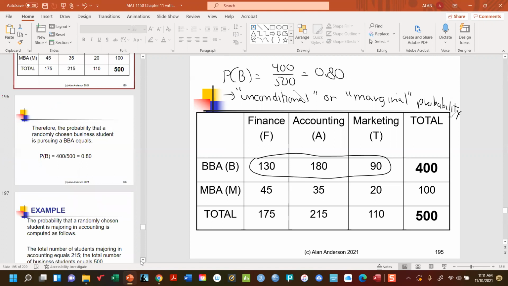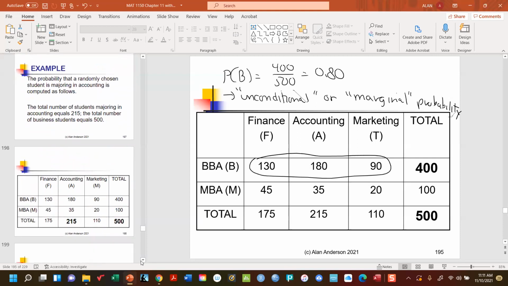All right, now what if instead I'm interested in knowing somebody's major, just their major, not what level they're studying at, but just their major? For example, what if I just want to know the probability that the person that I chose is majoring in accounting? I don't care if it's a bachelor's student or an MBA student. I just want to know the likelihood that they're majoring in accounting.